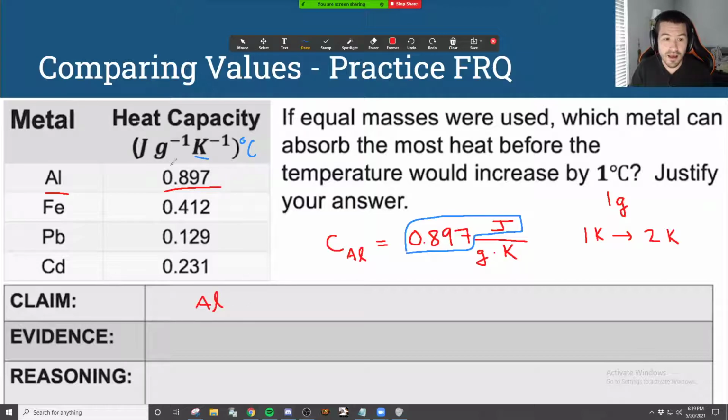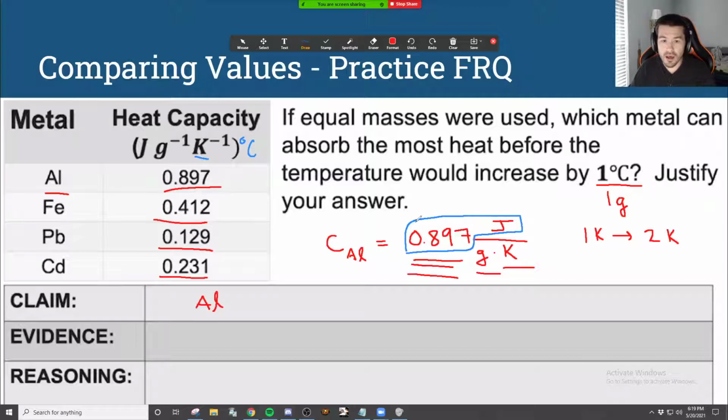You have to put in more energy per gram degree Kelvin to increase the temperature than for any other substance. Like lead, 0.129, you only have to put in 0.129 joules to heat up 1 gram by 1 Kelvin, or by 1 degree Celsius. For aluminum, you have to put in 0.897 joules to heat up 1 gram by 1 degree Celsius. So lead is going to be the easiest to heat up, then cadmium, then iron, then aluminum. Aluminum is going to be the most difficult.